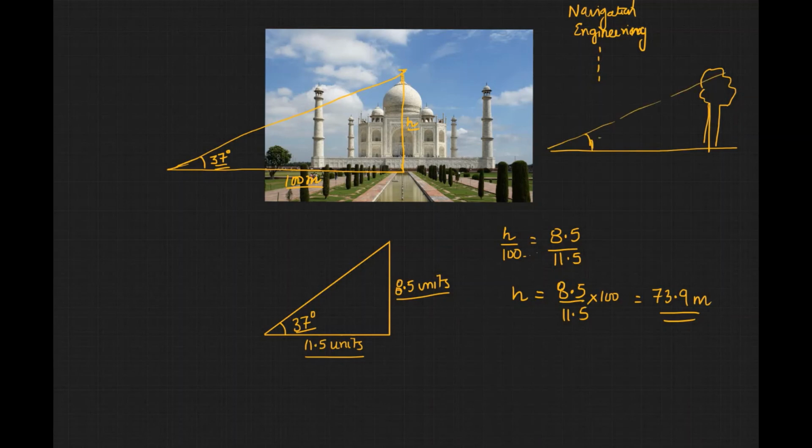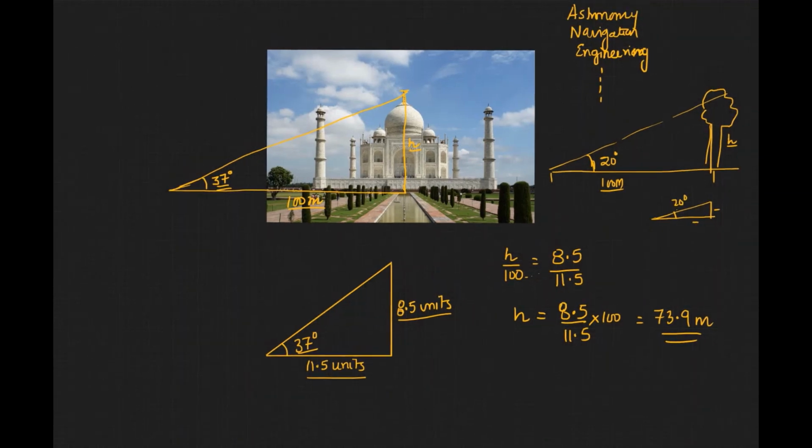Let's say this is 20 degrees from a faraway distance of 100 meters. Then you can draw a triangle with an angle of 20 degrees, find the ratio of this height divided by 100, and also find the ratio in the drawn triangle and equate them.